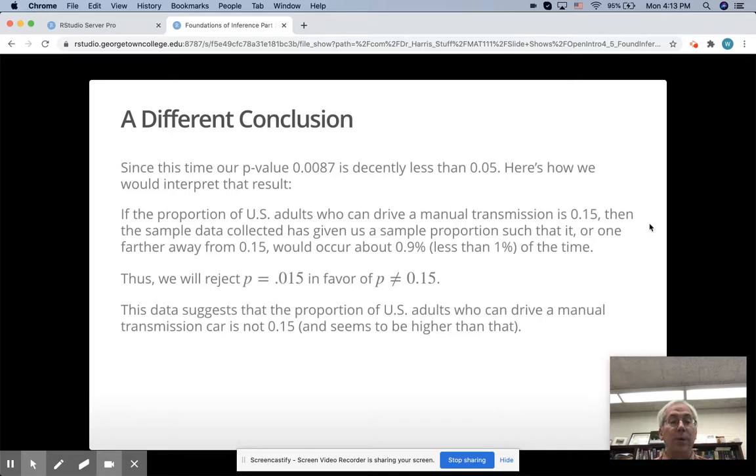The statement that we would use to interpret our p-value this time is: if the null hypothesis is true, if the proportion of US adults who can drive a manual transmission is 0.15, then the data that we collected gives us a sample proportion such that it, or one farther away from 0.15, would occur about 0.9% of the time. And that's not 9%, that's 0.9%, less than 1% of the time. Since 0.0087 is less than 0.05, we are going to reject the null hypothesis, and we'll say that 0.15 is not a reasonable value for the population proportion.